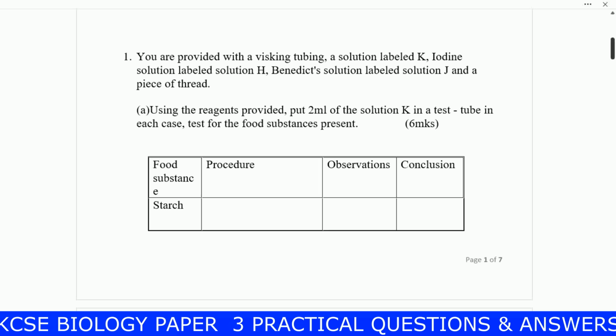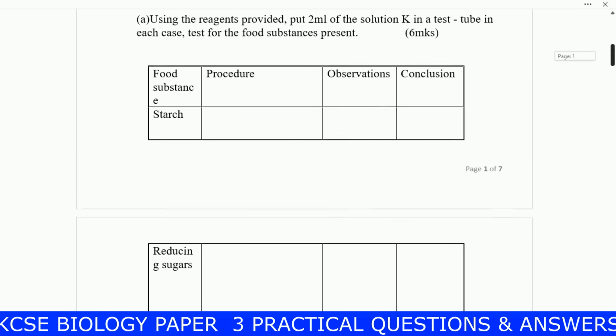So this is how the paper appears. You are given a table like this one. You are told food substance. They are going to test starch. Then you write the procedure. There are marks for writing procedure, marks for writing observation, and marks for writing conclusion.